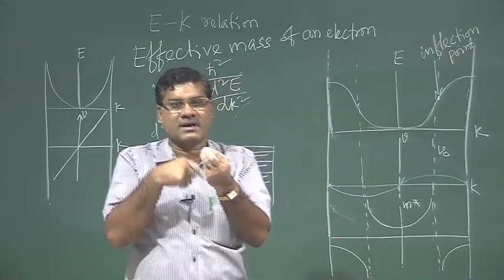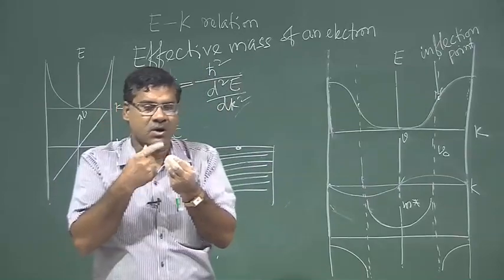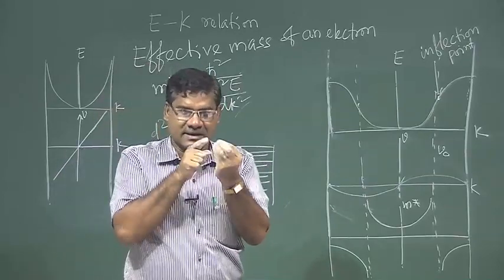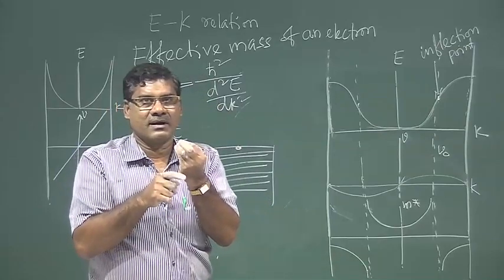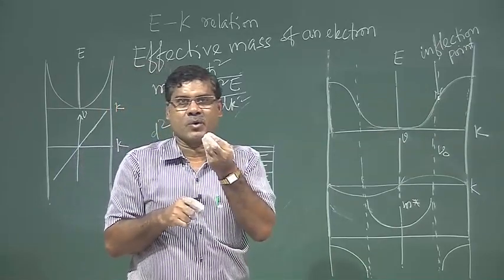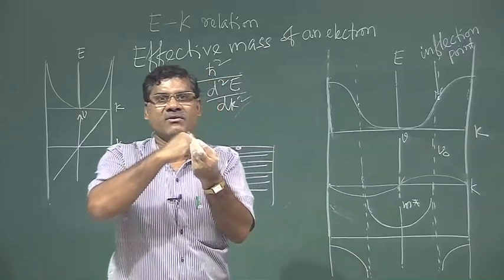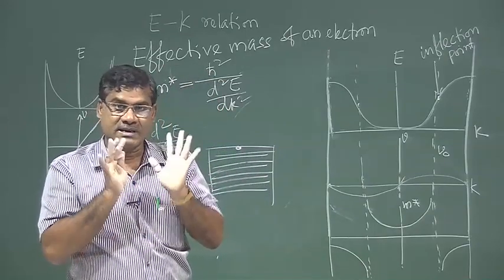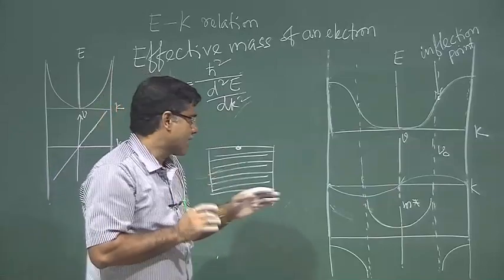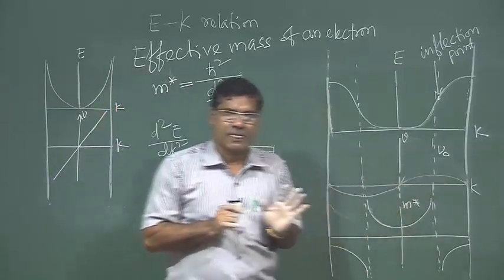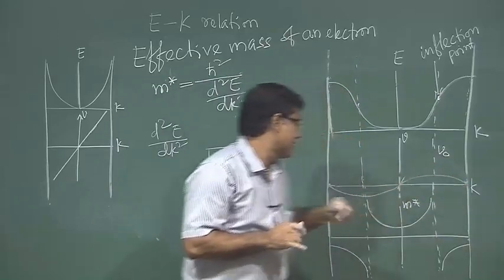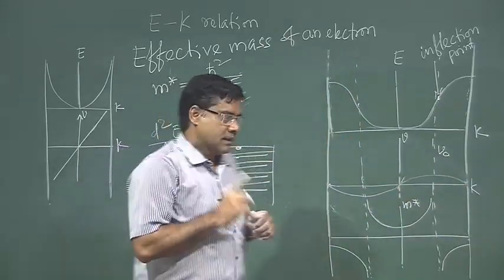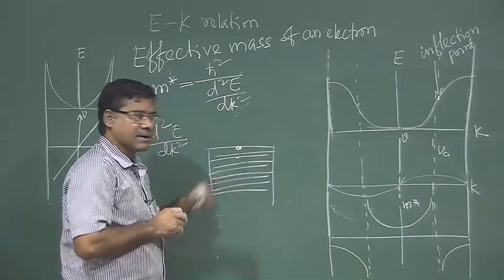Whatever force it was feeling because of its negative charge, if it suddenly becomes positive charge, it will feel the opposite force. So, its velocity will decrease, right. So, this may be one case, that way we can explain this velocity decreasing and becoming 0 when it reaches the top. Okay. So, this is one case.